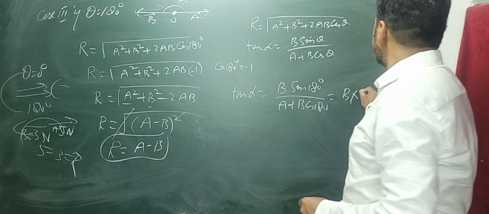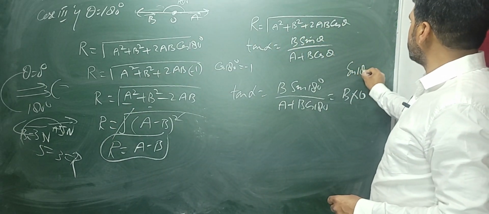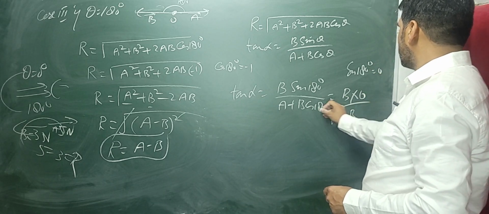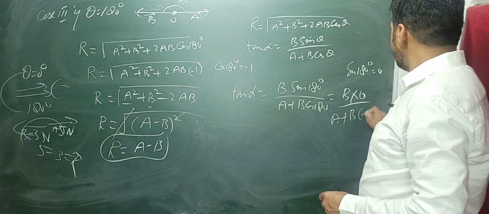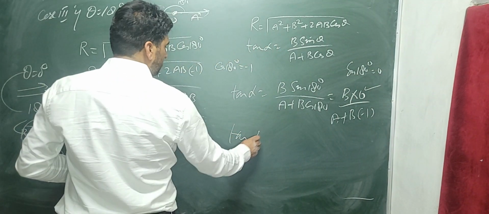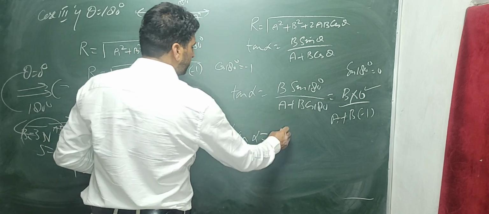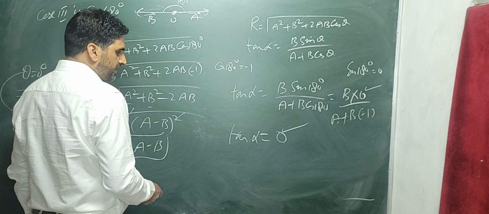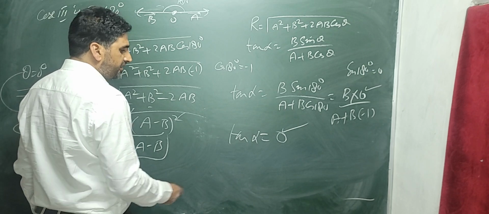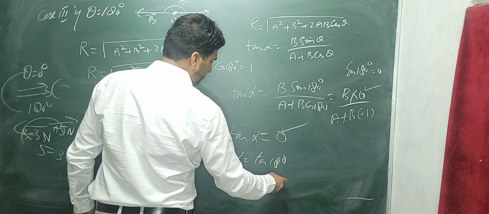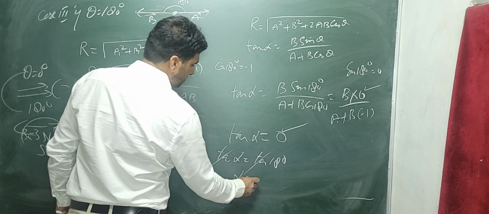B into 0, because sine 180 degrees is equal to 0, divided by A plus B cos 180, which is minus 1. But this 0 makes the whole thing 0. So your tan alpha can be equal to 0. Here we can take tan alpha as 0, and sometimes we can take alpha as 180 degrees also. Tan alpha is equal to tan 180 degrees. Tan cancels, alpha is equal to 180 degrees.